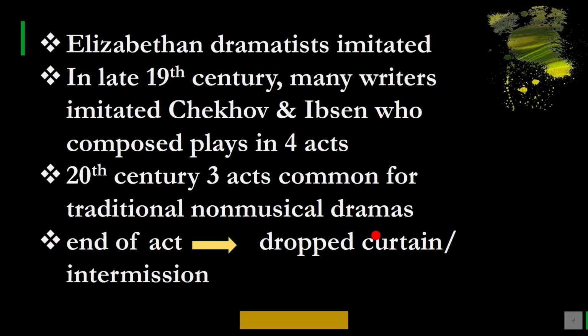Now this structure followed in the Elizabethan period by Elizabethan playwrights percolated into the 19th and 20th centuries. In the 19th century we find playwrights like Ibsen and Anton Chekhov who composed their plays in 4 acts, which means 4 acts became popular in the 19th century. Next we find that in the 20th century there were 3 acts, and these 3 acts were common for traditional non-musical dramas.